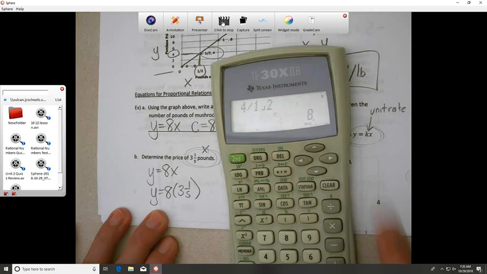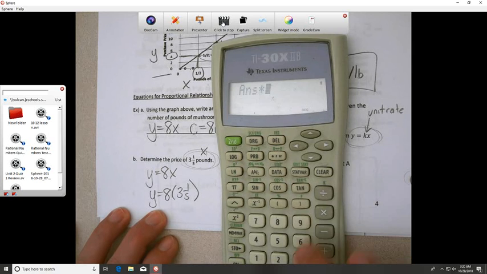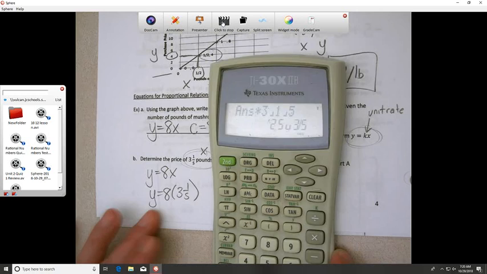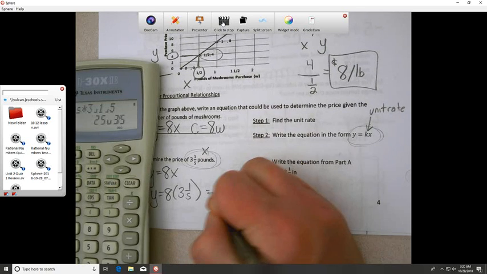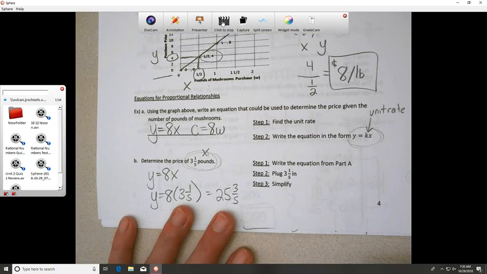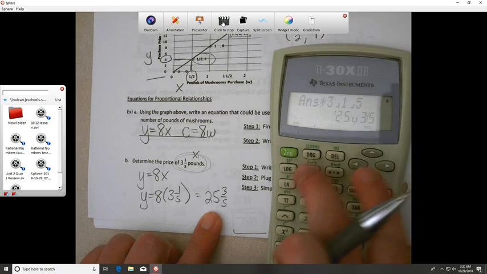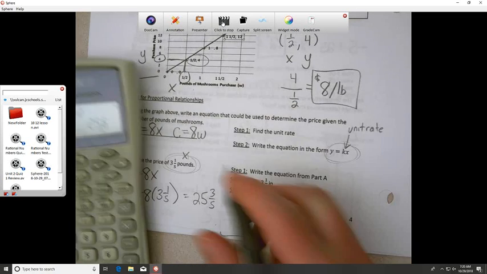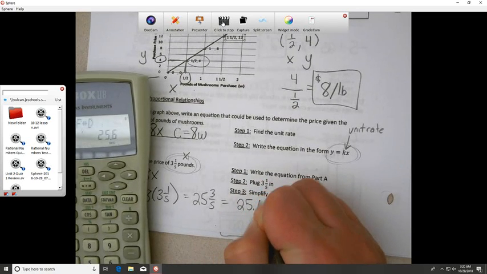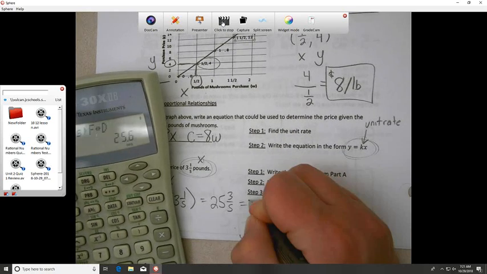I already have the 8 here from the last part, so I'll just press times 3 1/5. Okay, that gives me 25 3/5. Now technically we're talking about money here, it's a price, so I shouldn't write it as a fraction. So I'm going to do second PRB. So that is 25.6. That's not $25.06, it's $25.60. So that is my answer.